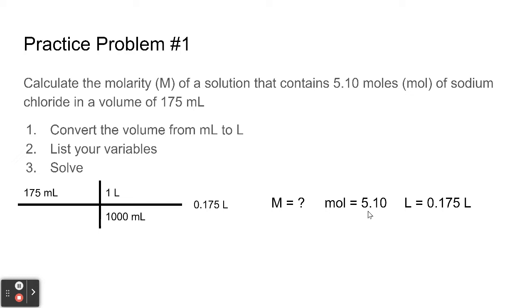Again, it needs to be in liters, not milliliters, for molarity. Then if we plug these in, it's 5.10 divided by 0.175. If you plug that in your calculator, I got 29.14 molarity. And that's the big M, the capital M.